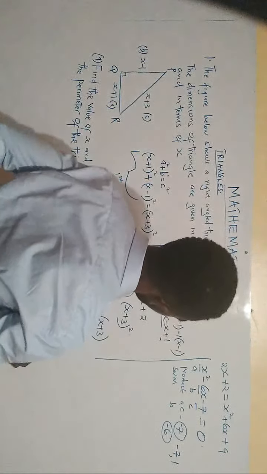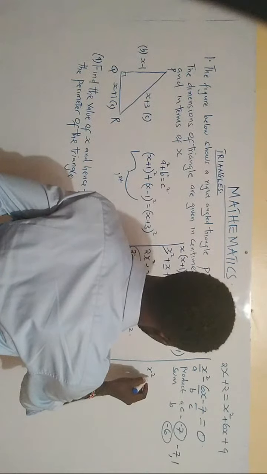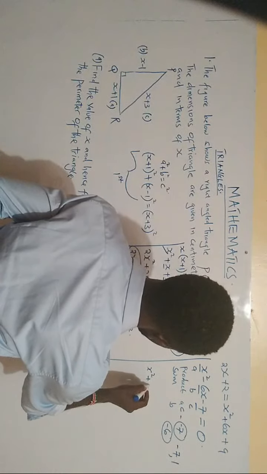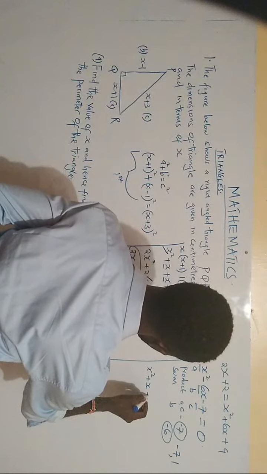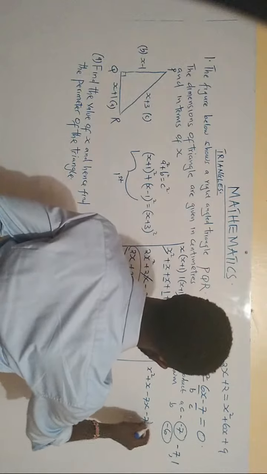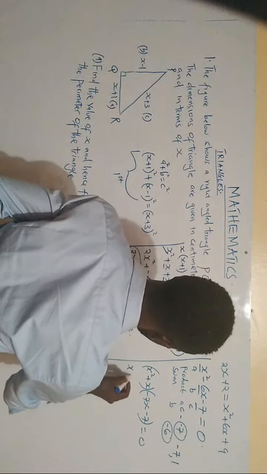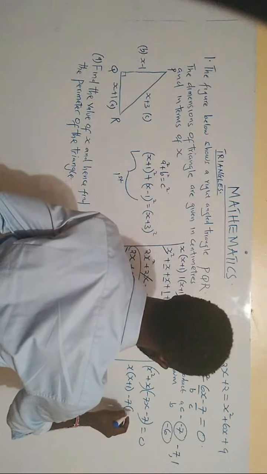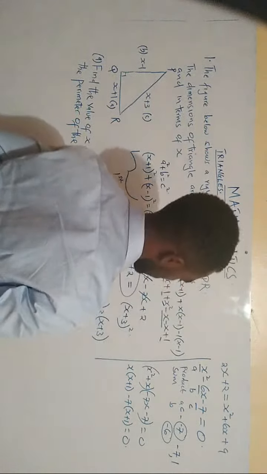So it will be x squared plus x minus 7x minus 7 is equal to 0. Then you can group this way: x into x plus 1, minus 7 into x plus 1, is equal to 0.